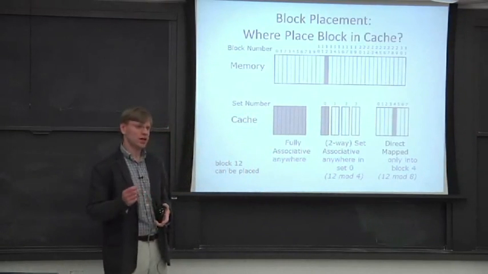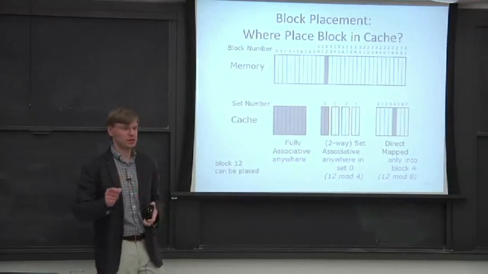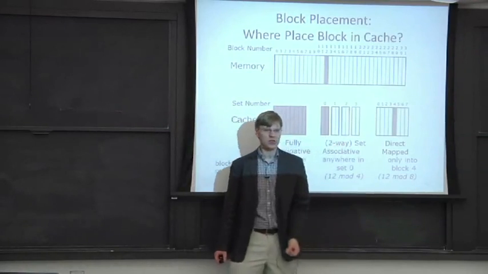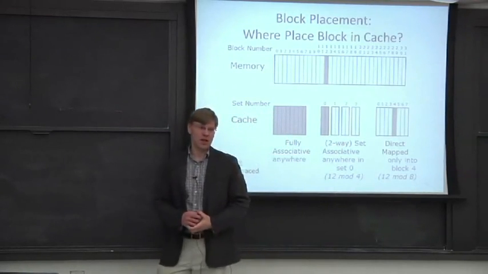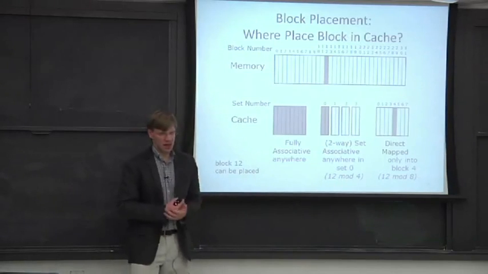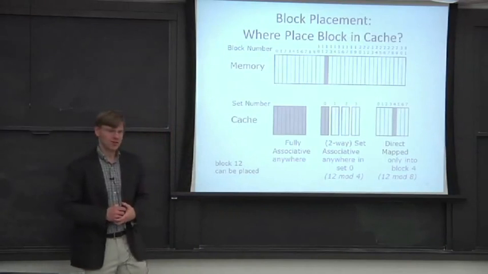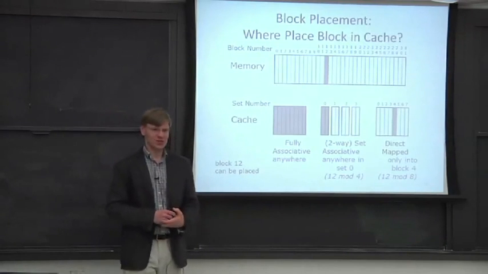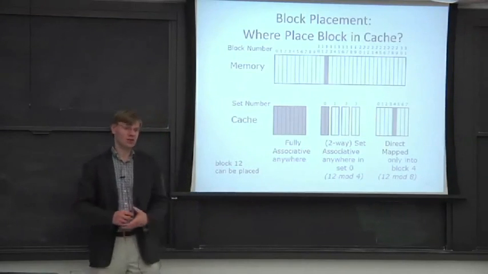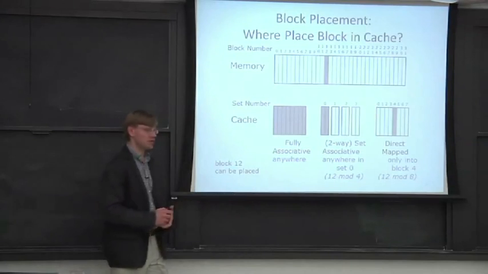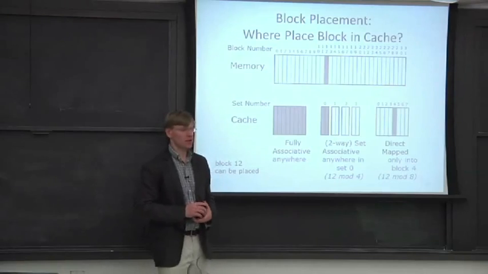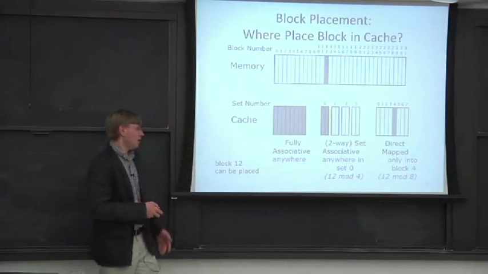So each block can fit in one of 2 places. You can actually have machines which have much higher associativity. An example of this is the modern Core i7 processors. Their L1 caches are 8-way set associative, and farther out they're even more associative. I think they have a 16-way set associative cache out in their L3 or farther out caches.